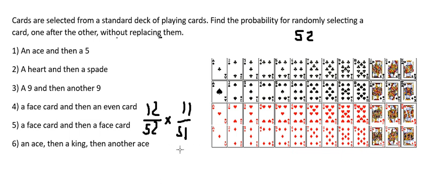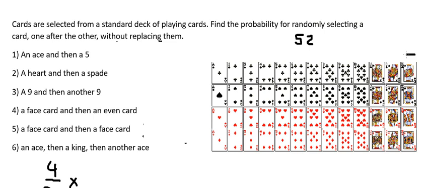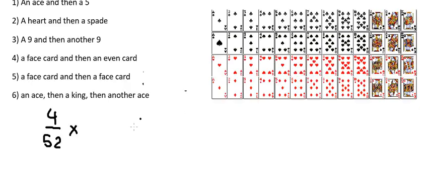And now we go to the last one. An ace: we have 4 ace cards in here. Then a king. So we have 4 kings. Then another ace.